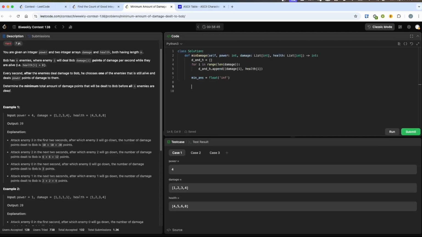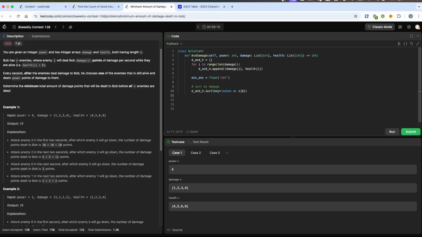So let's do D and H. Let's sort by our key equals, can't type today, and the X 0. So this is sorted by damage. So this is comment sort by damage.